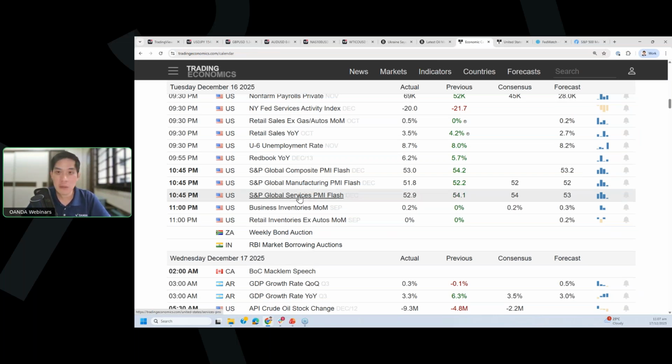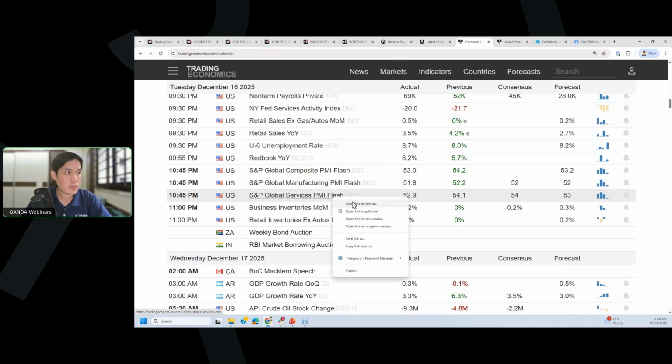The services PMI consists of a slew of survey questions posed to the relevant managers of services companies operating in the US. The headline figure is still showing expansion at 50. Anything above 50 for PMI numbers shows expansion, but the rate of expansion has started to slow down. Previously it was at 54.1. The market was expecting it almost unchanged at 54, but it dipped below expectation to 52.9.